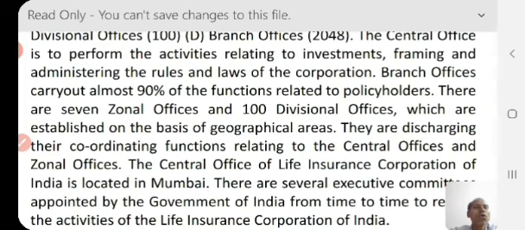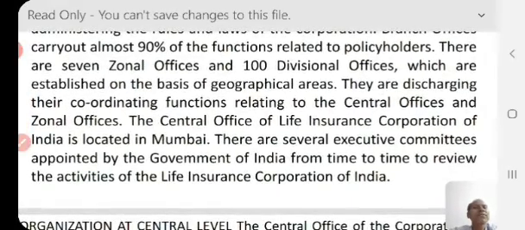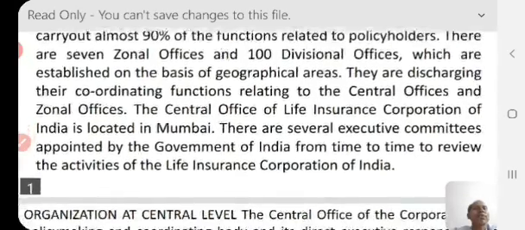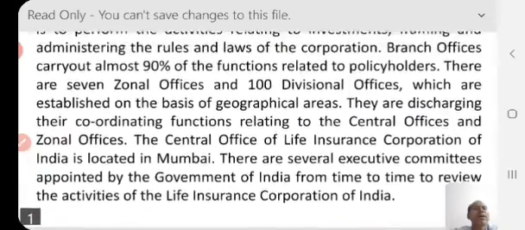The central office of Life Insurance Corporation of India is located in Mumbai. There are several executive committees appointed by the government of India from time to time to review the activities of the Life Insurance Corporation of India.